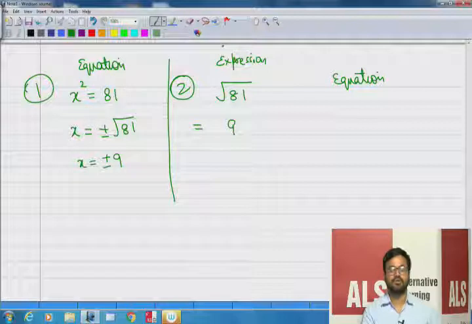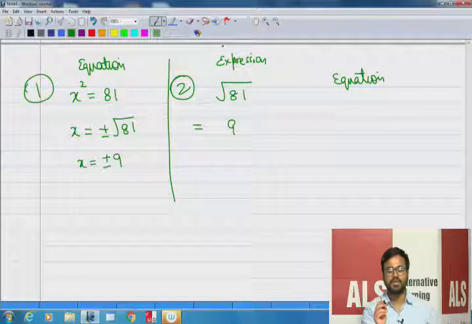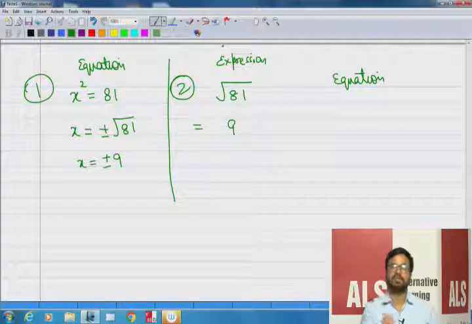Whenever there is an equation like x square is equal to 81, then we will have the plus minus sign. Why? Because this plus minus is because of the x value. Because when you put 9 in this equation, 9 square will also give you 81 and minus 9 square will also give you 81. So square root of 81 is 9. This plus minus is because of this x.